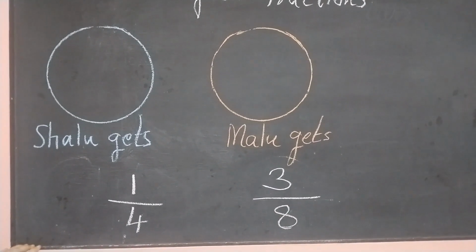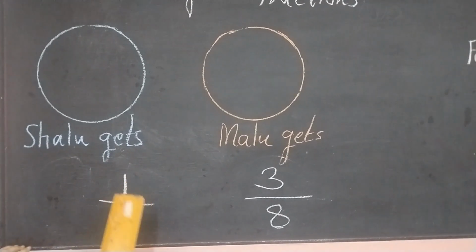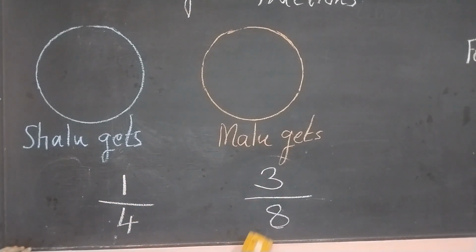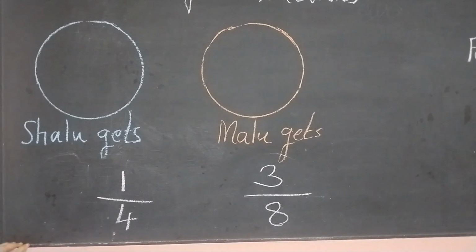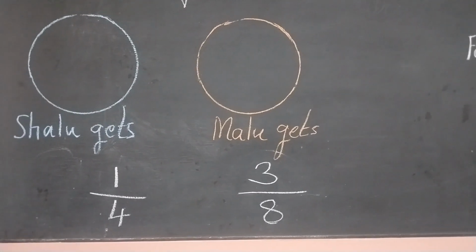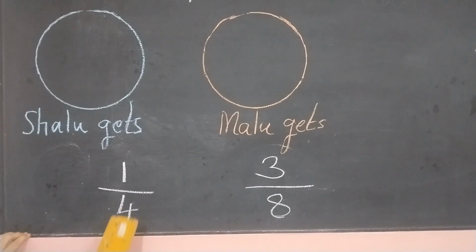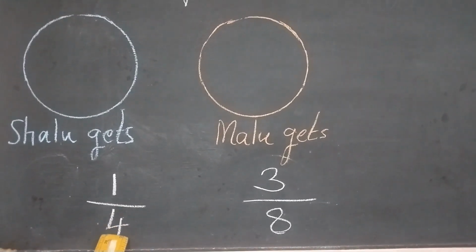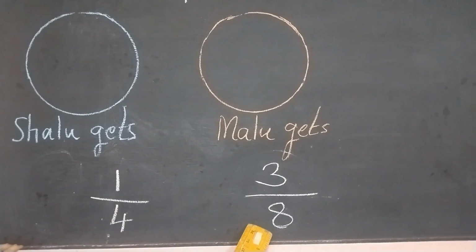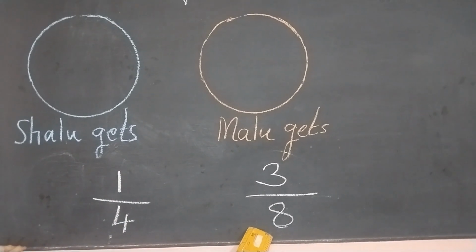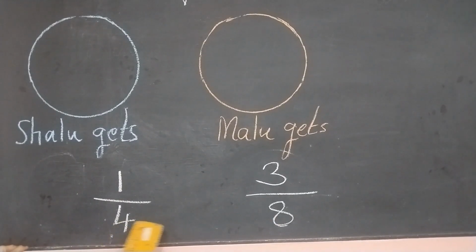In this case, we will have to turn these 2 fractions into like fractions first. And for that, we will have to see whether in the table of 4, 8 is coming. Yes, it is coming. 4 twos are 8.